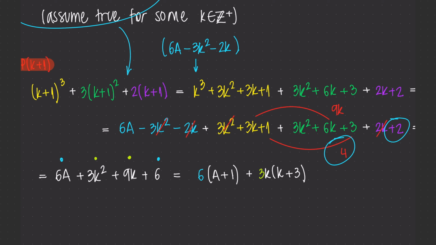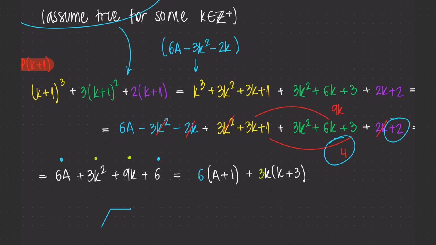Now, this is the part where the exercise gets a bit trickier, because we have a 6 here and we don't have a 6 here. If we only had a 2 somewhere over here, a product between 2 and 3 would give us a 6, and then we would be fine, right? But it's not the case. Now, how can we deal with that? We have two possibilities for k.